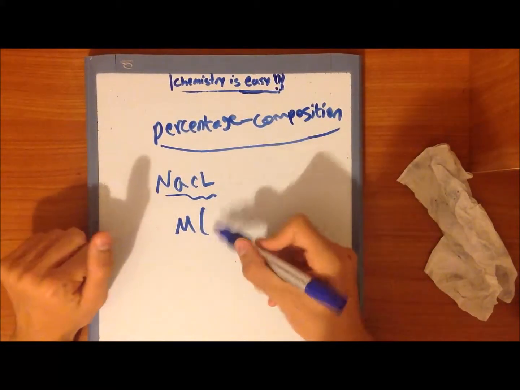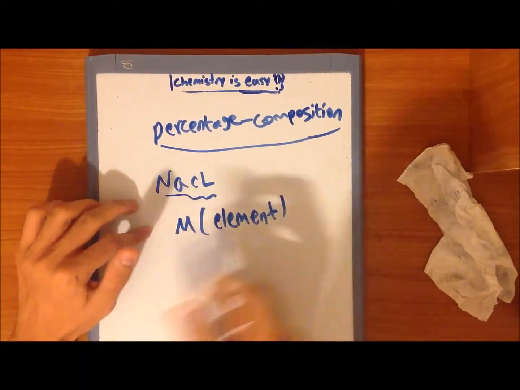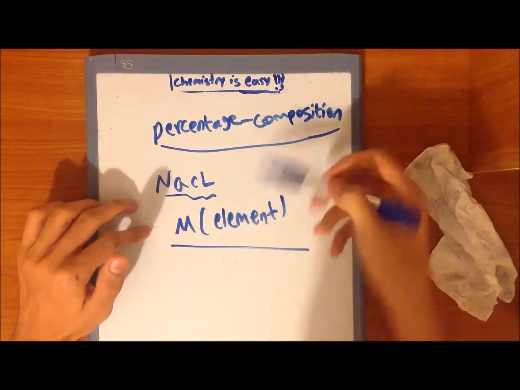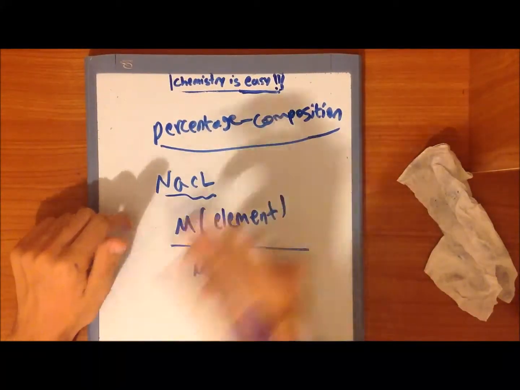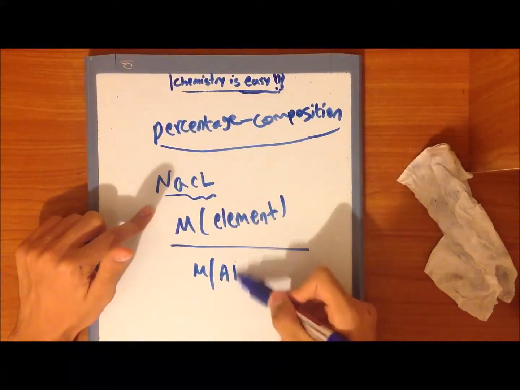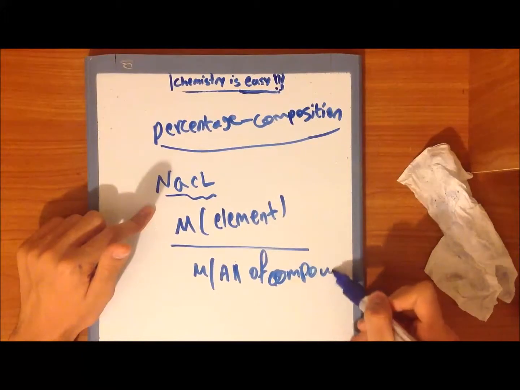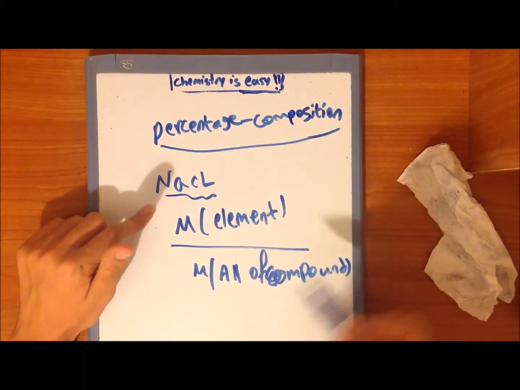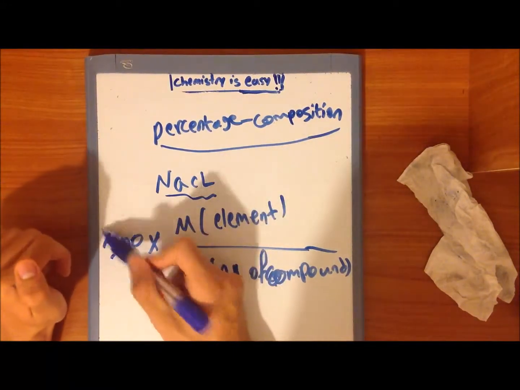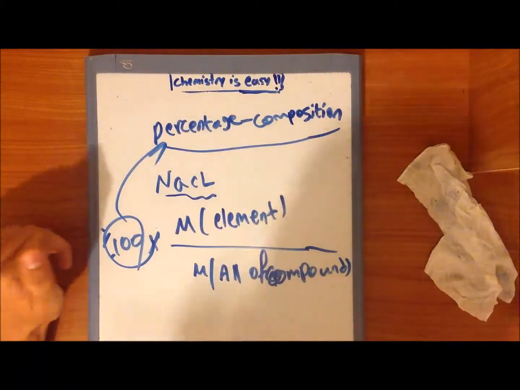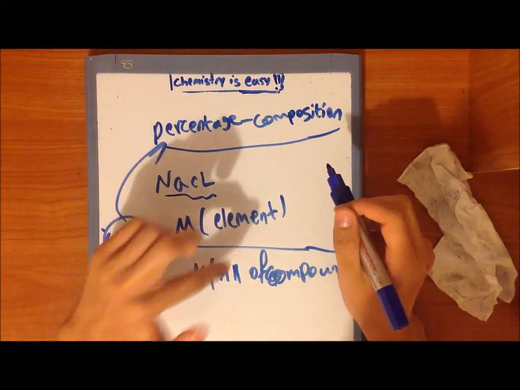The formula is the molar mass of the element, which you want to know the percentage composition of, divided by the molar mass of the whole compound, times 100. Why times 100%? Because we want to know it as a percentage, which I wrote down here. So times 100%.